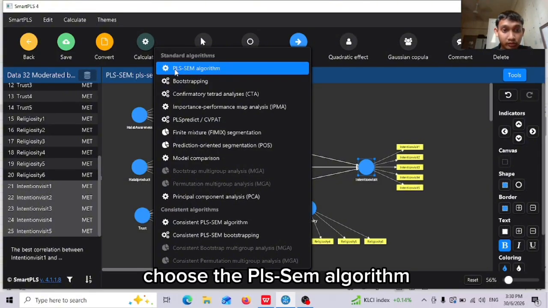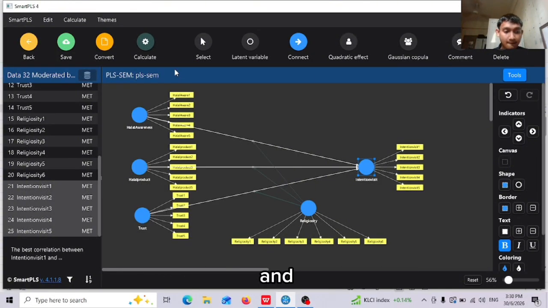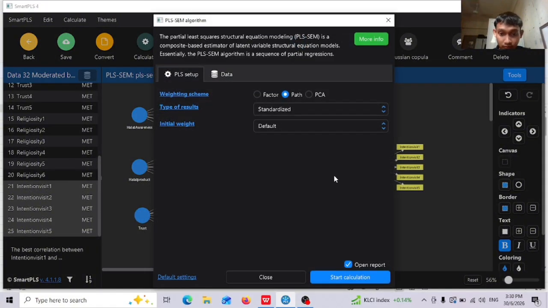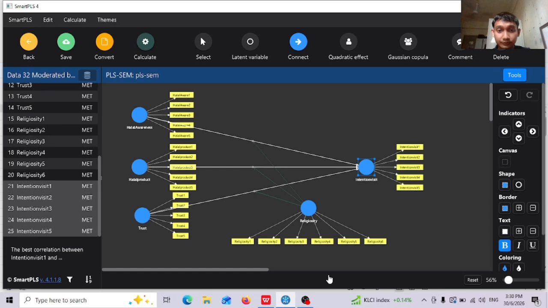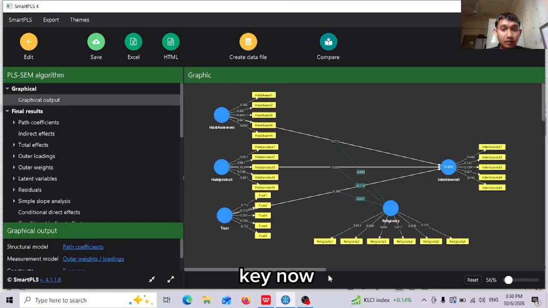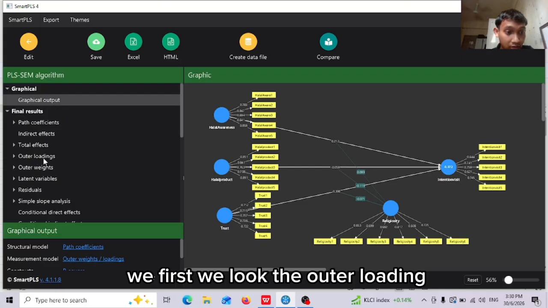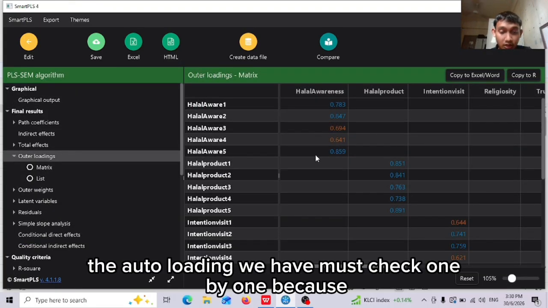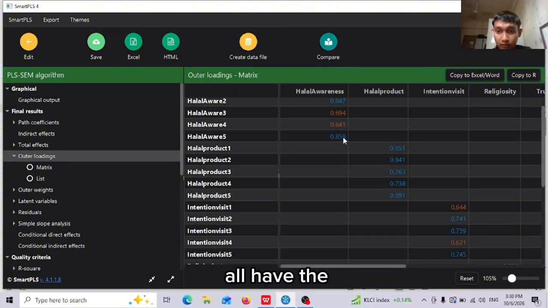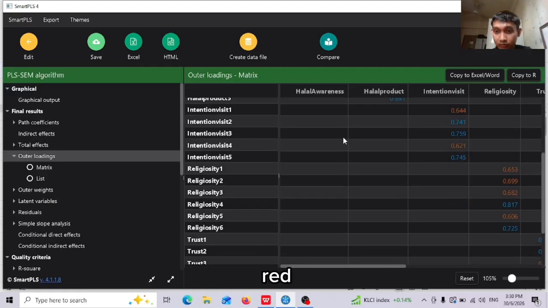Choose the PLS algorithm and click start calculation. Now we have the SmartPLS algorithm results. We look at the outer loadings. We must check them one by one because they are shown in red and blue.